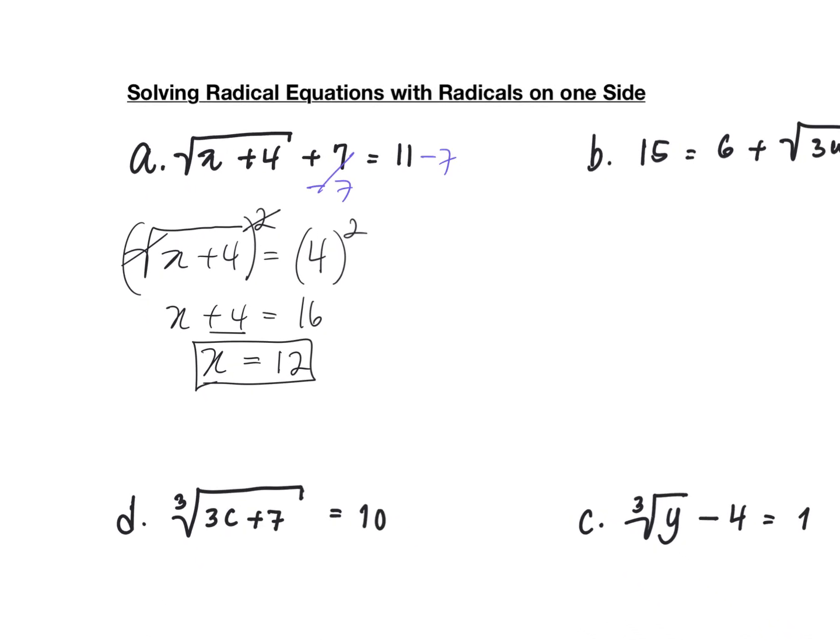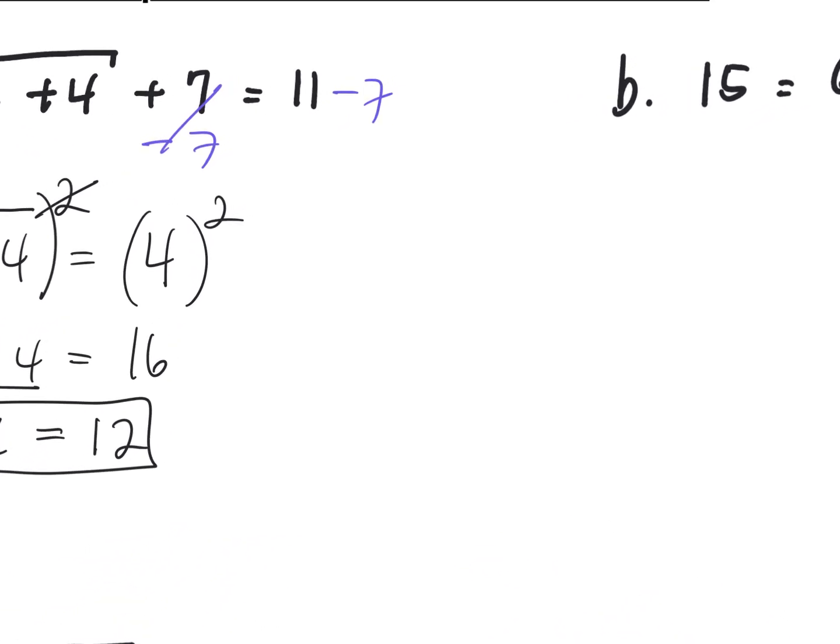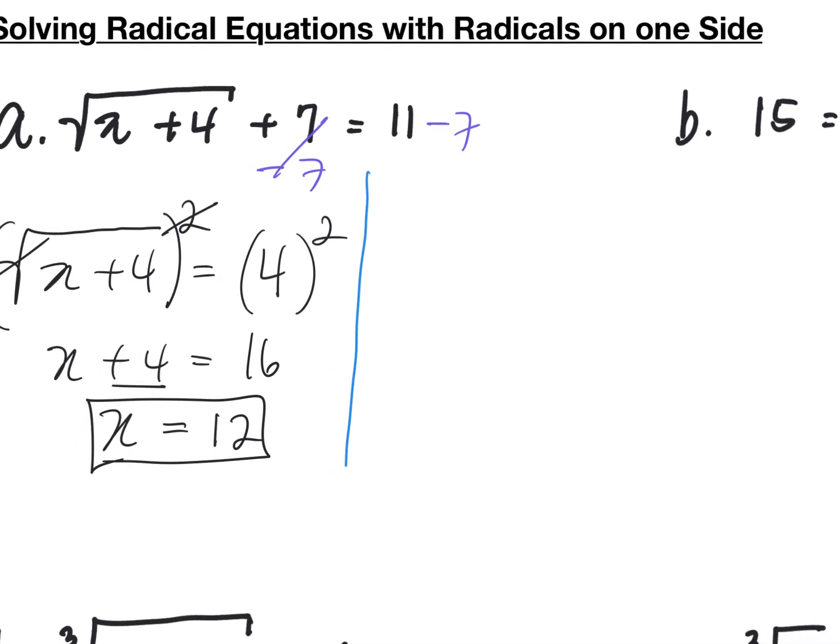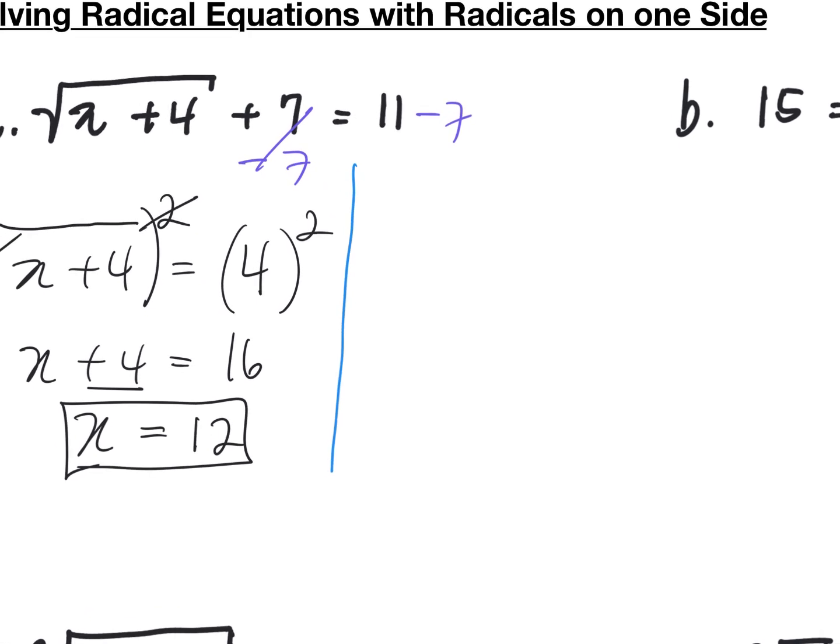Now, the thing that we have to do here is recheck. Let's recheck if our answer is really correct. Say x is equal to 12, then let's put that back into the original equation. That's going to be the square root of 12 plus 4, plus 7.